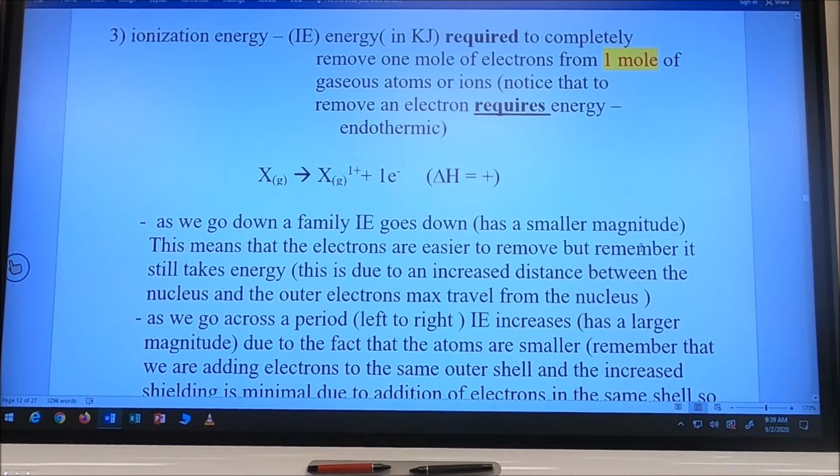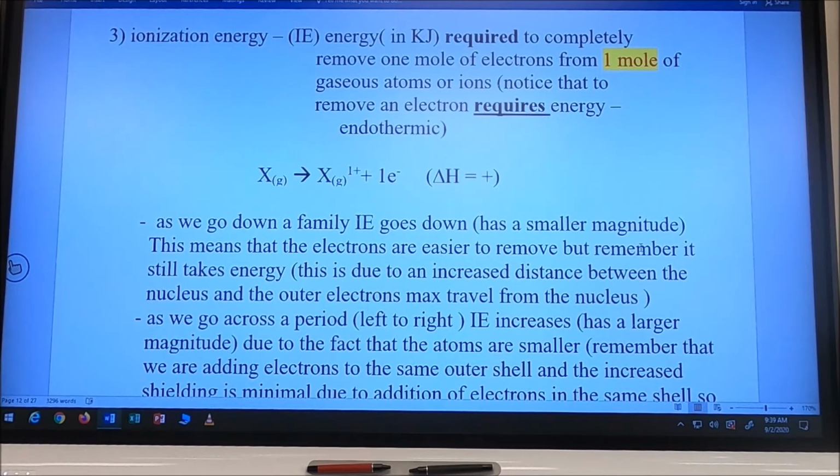Ionization energy, given the symbol IE, is measured in kilojoules. kJ stands for kilojoules. And this is the energy needed to completely remove 1 mole of electrons from 1 mole of gaseous atoms or ions. Do not worry about what a mole is. Remember, it's just a number like a dozen.